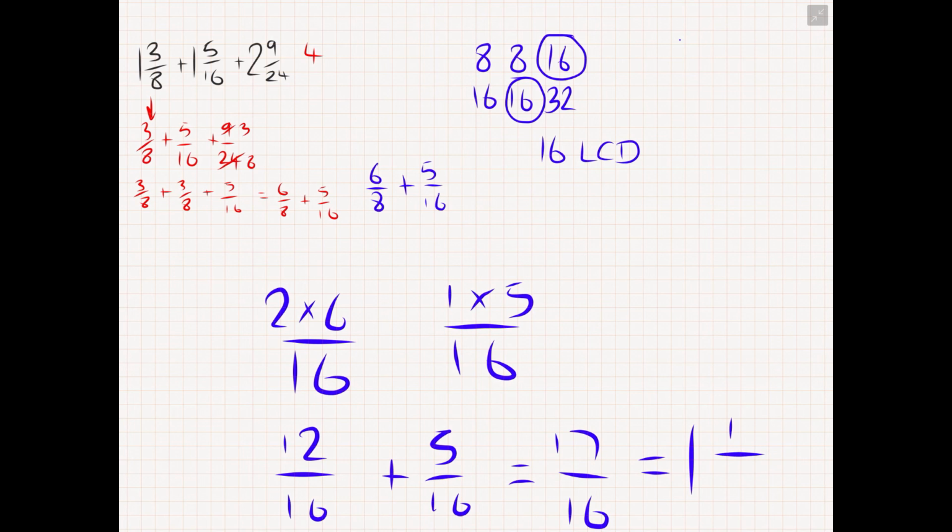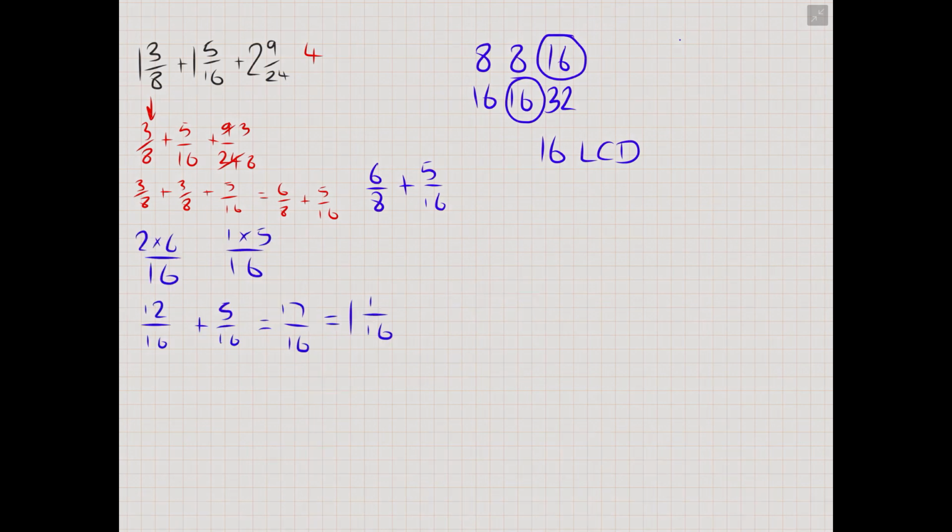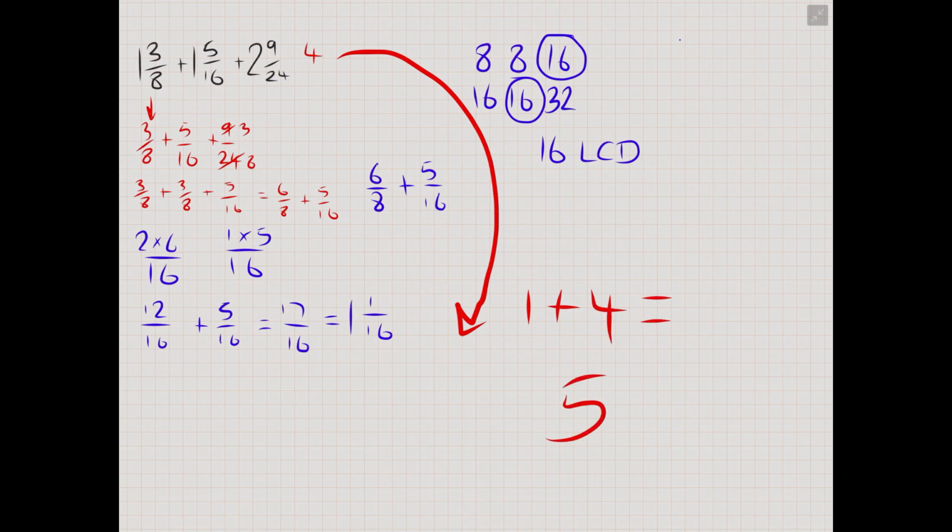And the final stage is to add that 1 to the whole numbers, which will give us 1 plus 4, which equals 5, and 1/16.